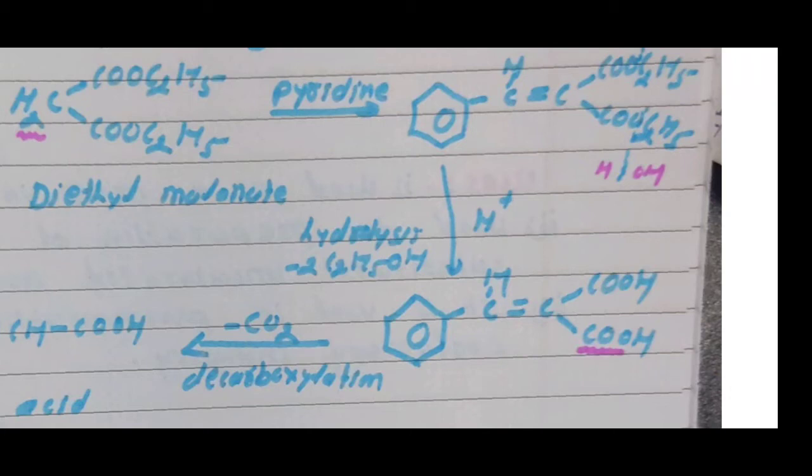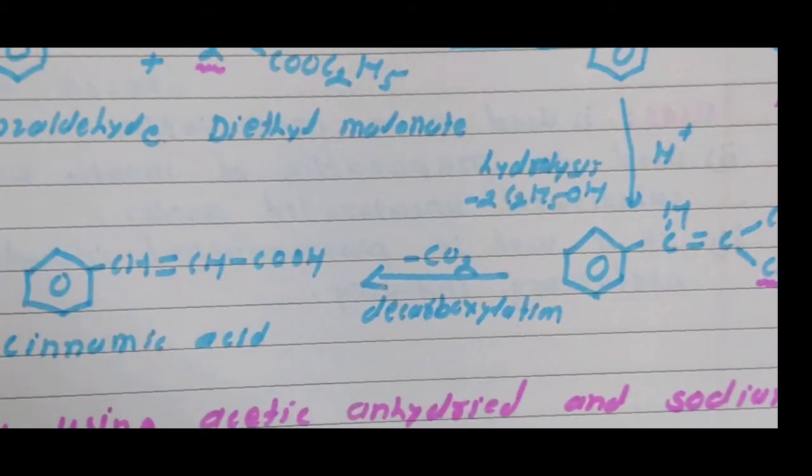Then this acid undergoes decarboxylation. Decarboxylation means removal of carbon dioxide, that is a CO2 molecule is released and H is attached to the carbon atom, and the structure becomes benzene ring, CH double bond CH, COOH. This is nothing but cinnamic acid. This COOH is the functional group, the carbon atom adjacent to the functional group is called alpha, and the next one is beta.